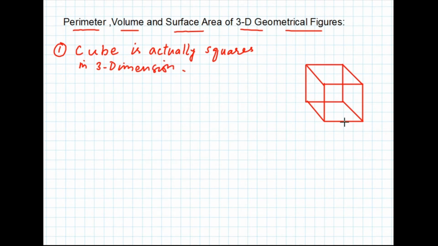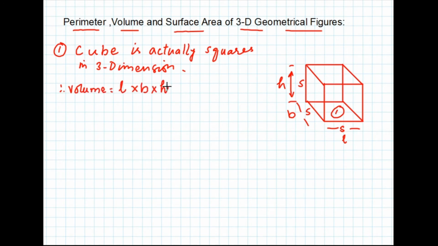Since a square has all equal sides, so cube also has all its sides equal and is denoted by S. The length of base is denoted by L, breadth as B and height as H. Therefore, volume of cube is equal to L into B into H is equal to S into S into S is equal to S cube.